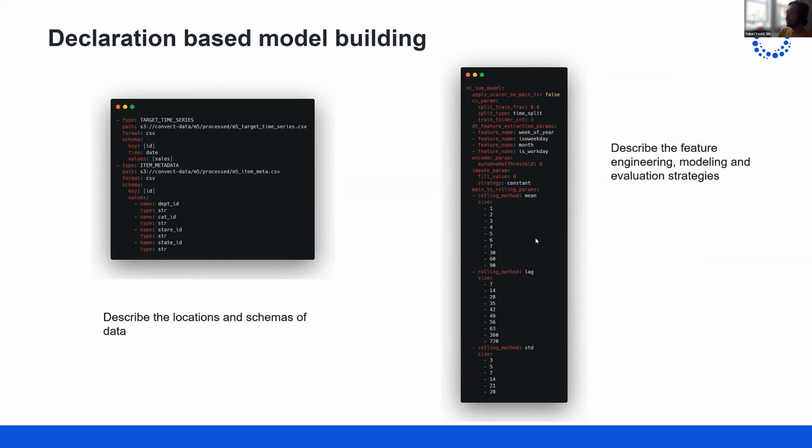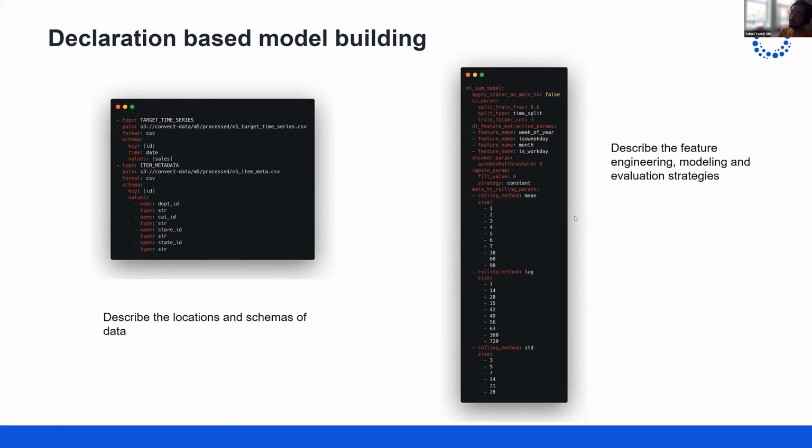And the second thing we need to declare is what types of feature engineering and model building strategies we are going to try on top of this data set. People will tell us what type of features they want to include, how they want to do their robustness evaluation, how many variations of the forecast they are going to try, and what types of models they would like to try in this building process.